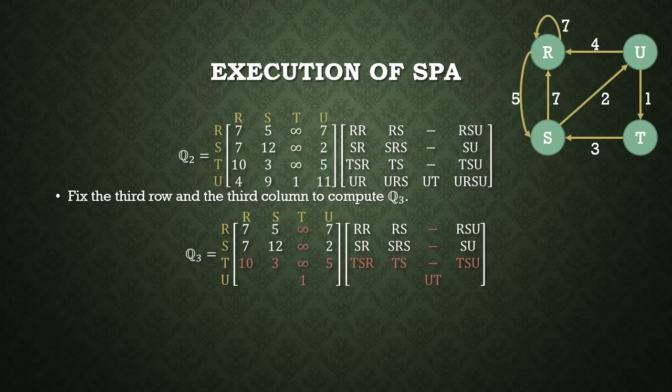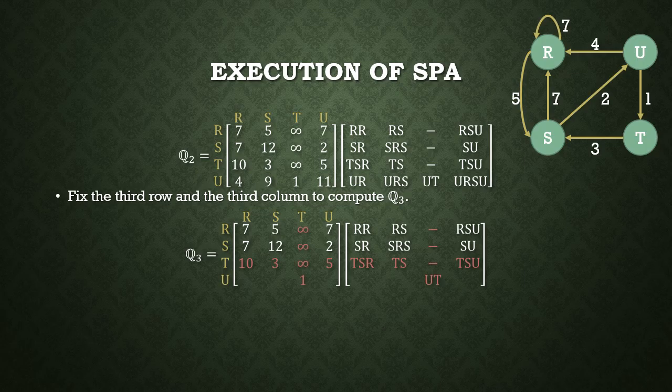First, the RR entry. The previous value was 7. The intersection values are 10 and infinity, which will give infinity, so we let the previous value be. Now I am focusing on RS. The previous value is 5. Intersection values are 3 and infinity, which will give infinity.